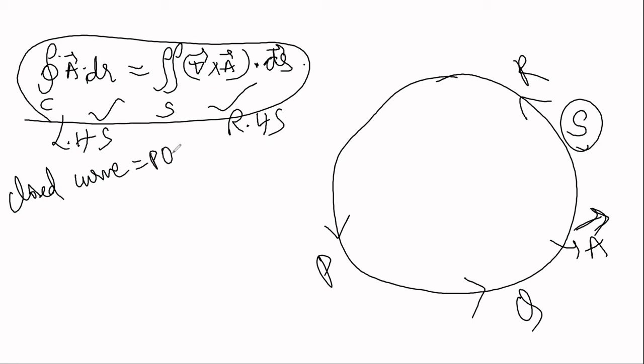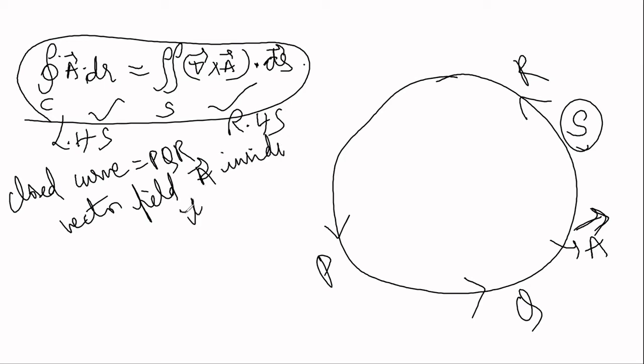Closed curve is PQR, vector field is A bar inside the surface. Okay. Now let us see the line integral of A bar around the curve PQR. See, this is in anti-clockwise direction, right? PQR.